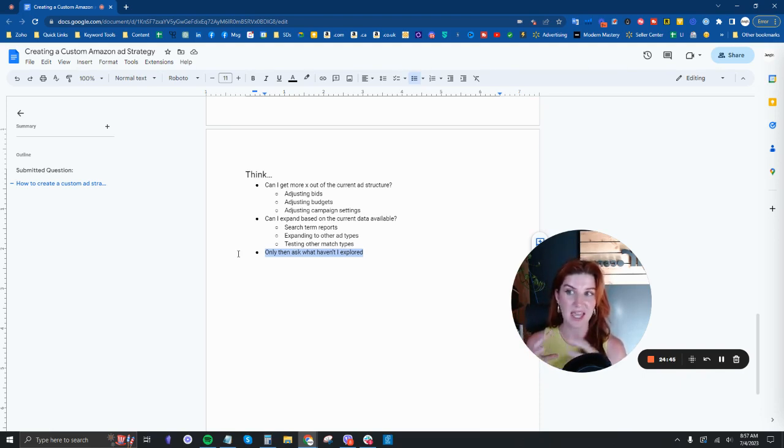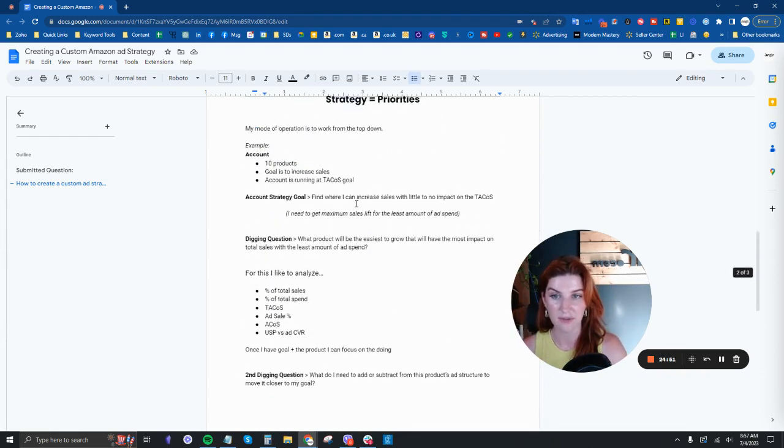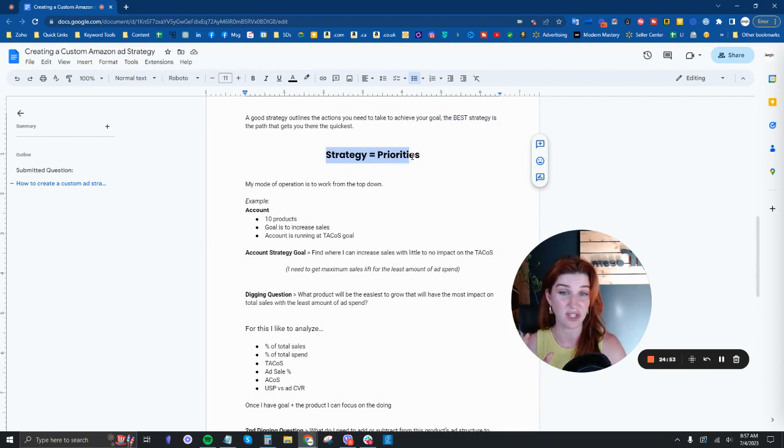I'm just saying, if you're looking at my custom ad strategy, from the perspective of strategy equals priorities, and so the best strategy is the path that gets you there the quickest, you can infer that your competitor is ranking really well on a keyword and is targeting all of these other keywords. You have no idea if their performance is efficient or not.